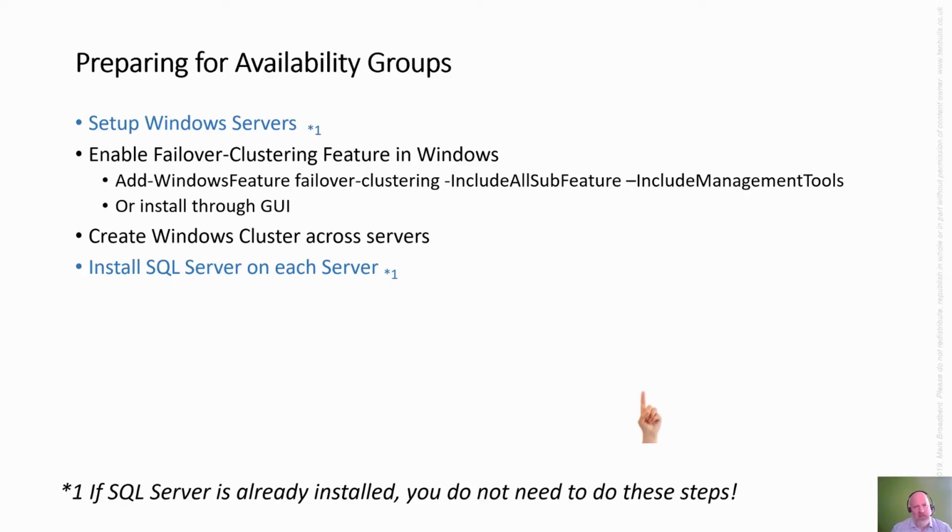Now this is not the same as a failover clustered instance of SQL Server. We are not installing anything into the cluster. What we're doing is installing SQL Server on a cluster node, and then SQL Server will be connecting and coordinating stuff with the cluster node, but that will become clear shortly how that all works.